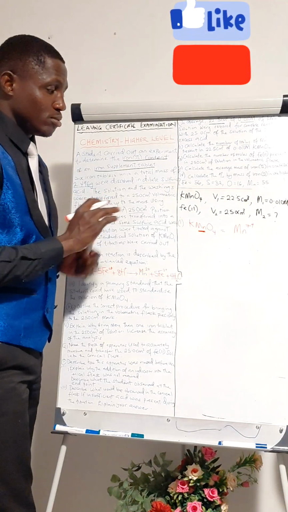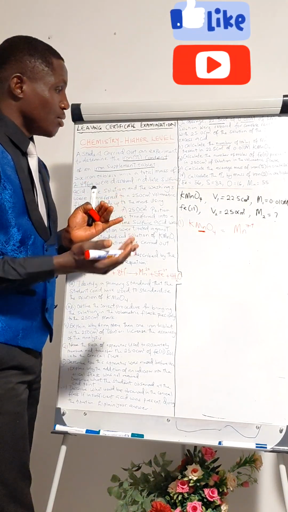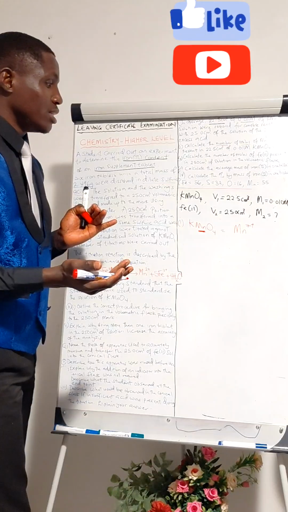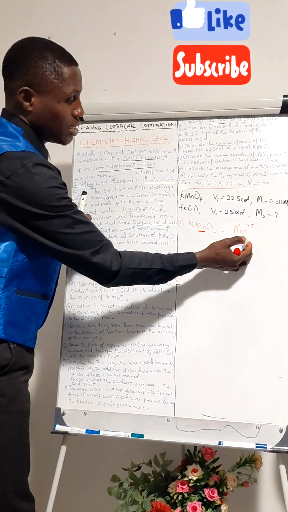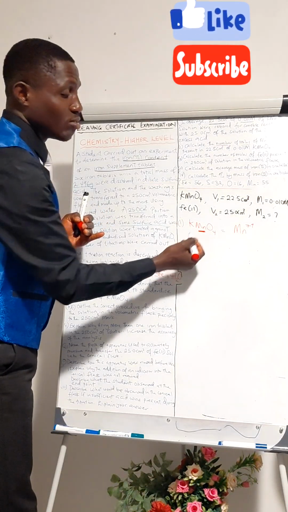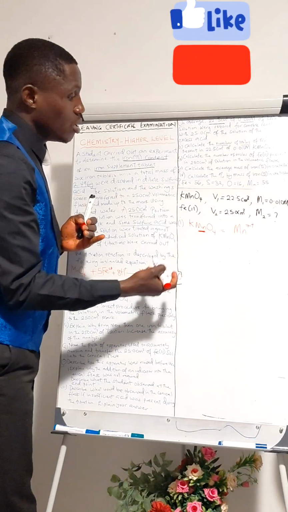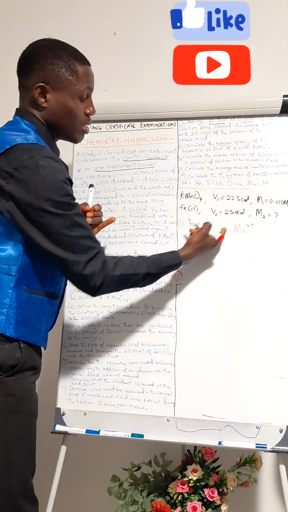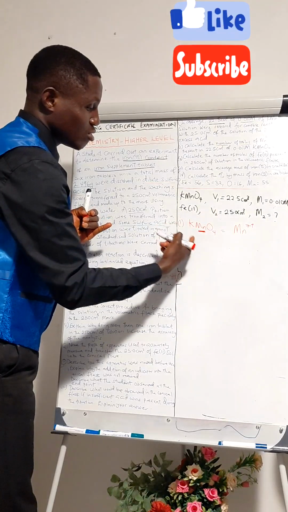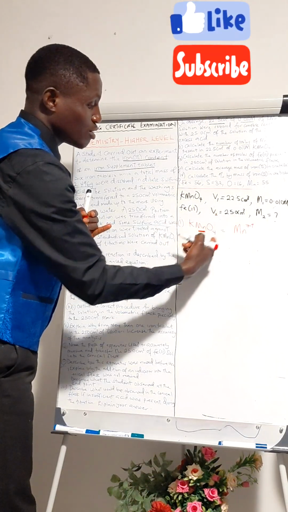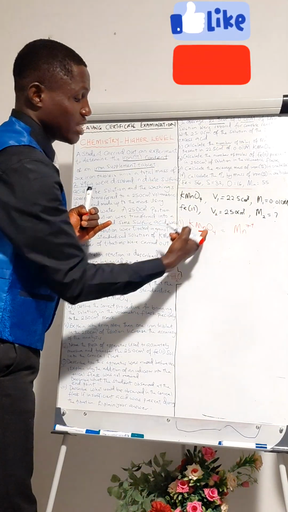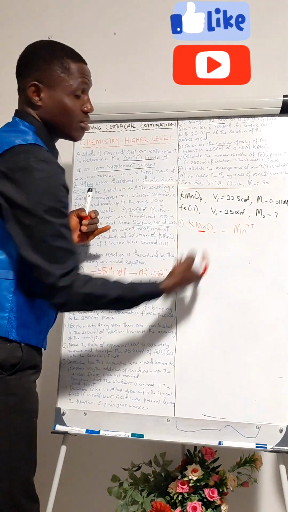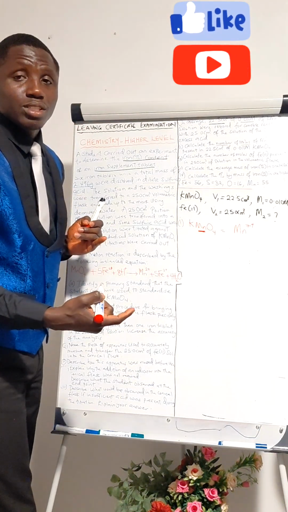So don't be confused. Many students were confused, but the Mn7 is actually the oxidation state of manganese. Since I know the oxidation state, I'm going to look for the number of moles of KMnO4 itself. If I get the number of moles of KMnO4, I've already gotten the number of moles of manganese 7 ion.